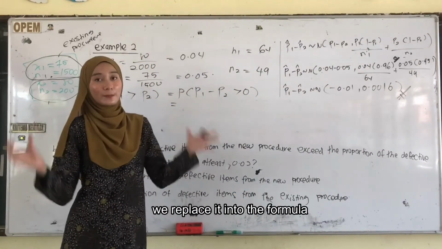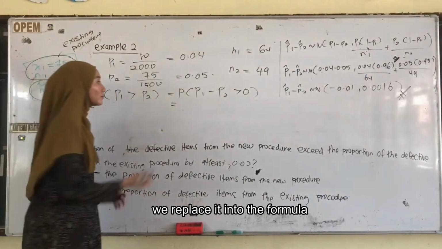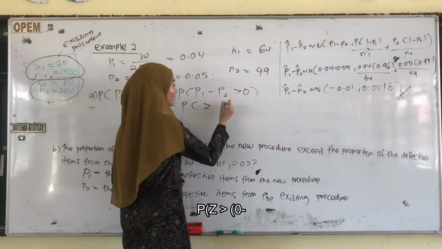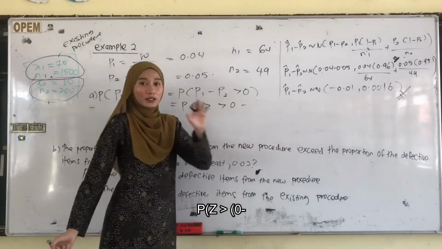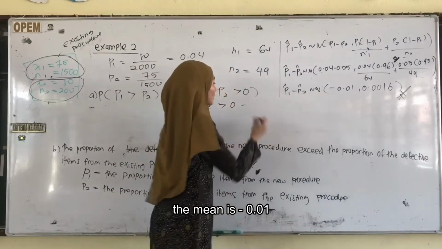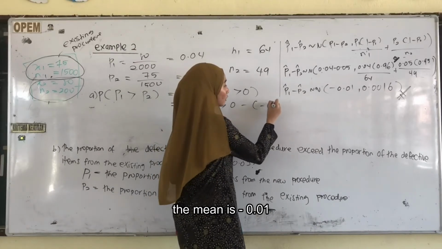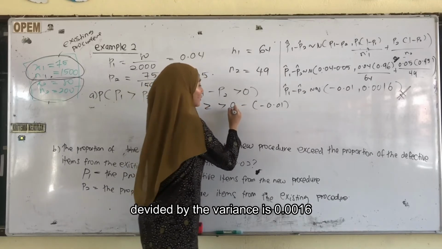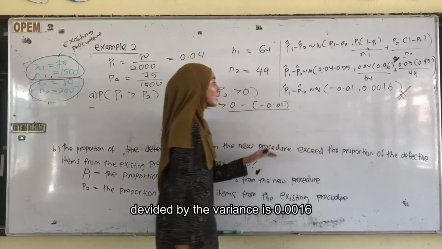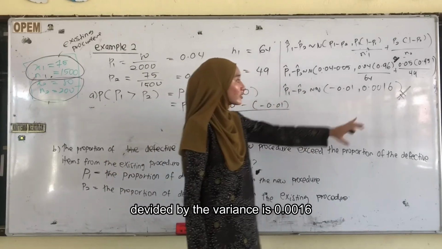Okay, so we replace it into the formula. Pz exceed the 0 minus the mean is negative 0.01 divide by the variance is 0.0016.